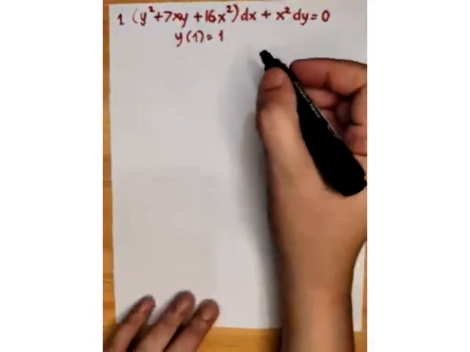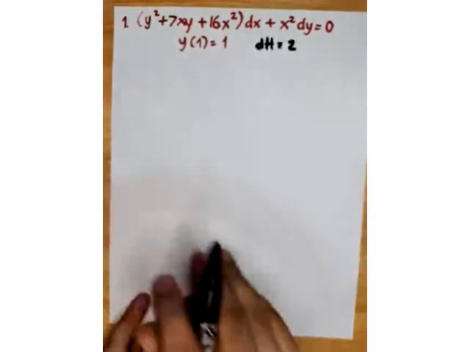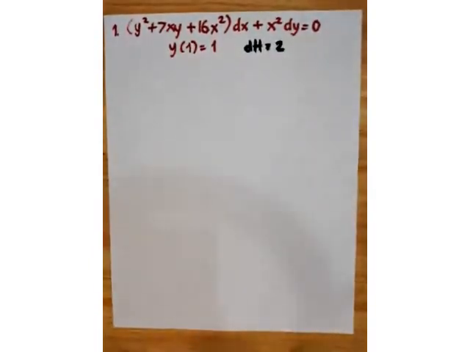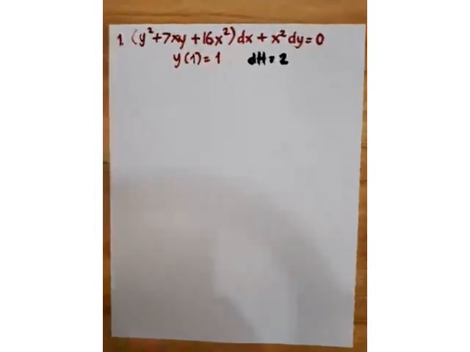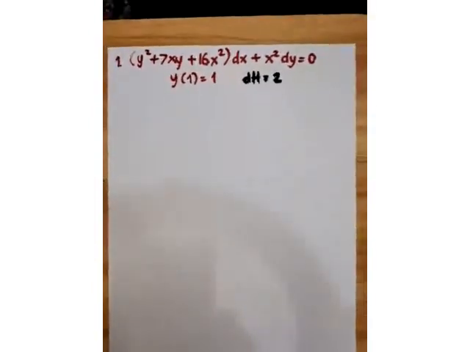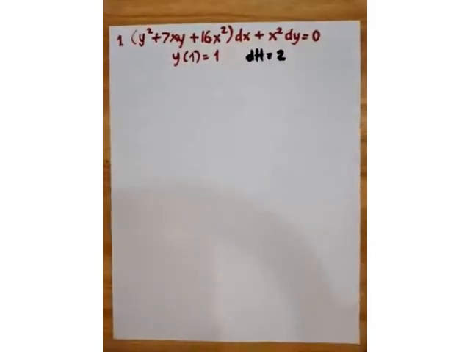So the degree of homogeneity of our equation is 2. Later, we will know the significance of why we need to know its degree of homogeneity.